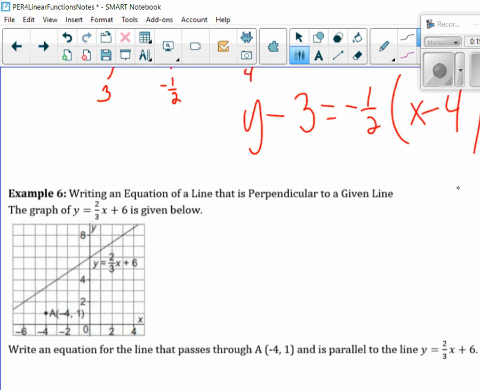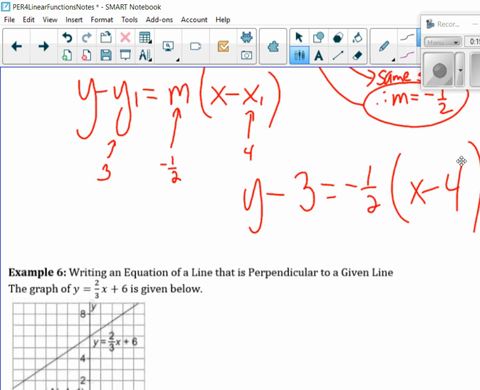By the way, I saw some people multiplying this out. If it doesn't ask you for slope-intercept form, do not multiply it out. Stop right there. You probably have it correct. Some of you multiplied it out and made a mistake, so then I have to deduct marks, okay? If you want to multiply this out, you get y minus 3 equals negative 1/2 x plus 2.